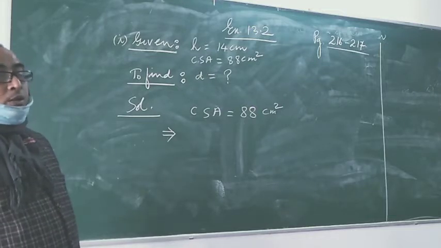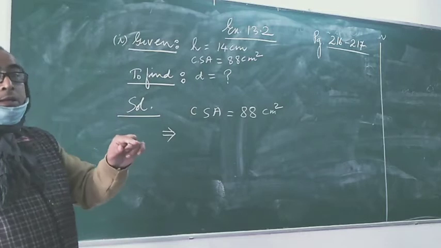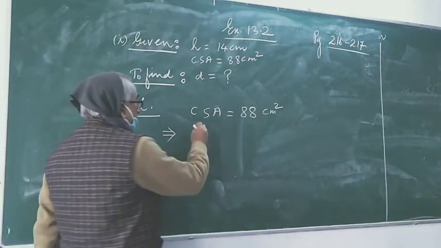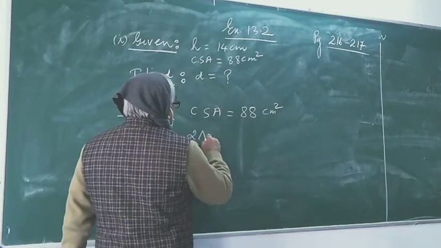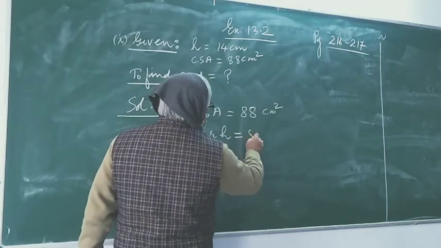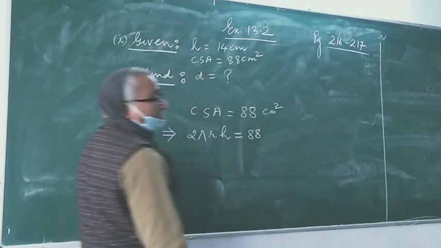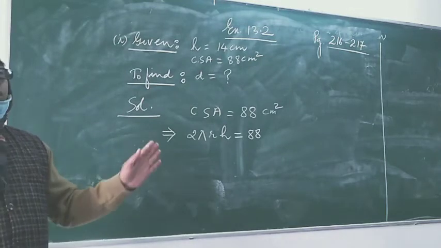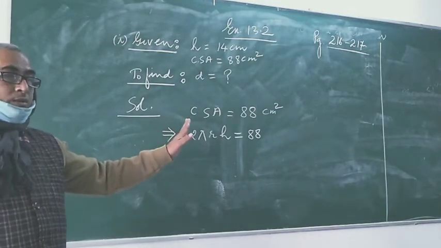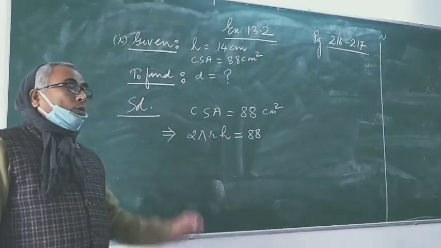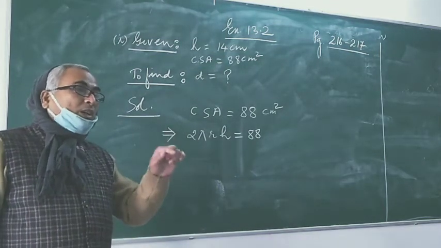CSA is given, which means the value of 2 pi r h is given, and that is 88. Generally in such types of equations we ignore units. Firstly we calculate the numeric value, and at last we put the required unit.